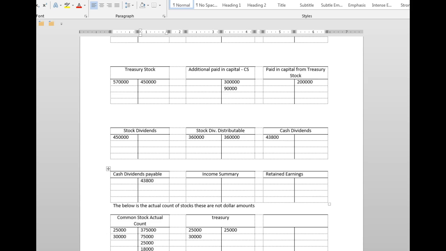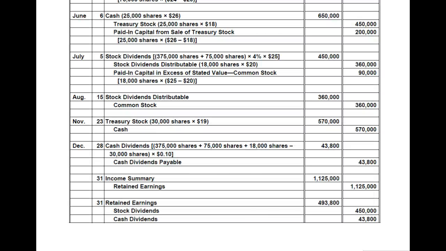Now, we know it's a credit balance, so let's go back. If I want to get rid of a credit balance, I've got to debit it, right? So what would a credit balance in the income summary be, most likely? That's going to be net income. And that net income is going to be closed into retained earnings, because that's the turnover.